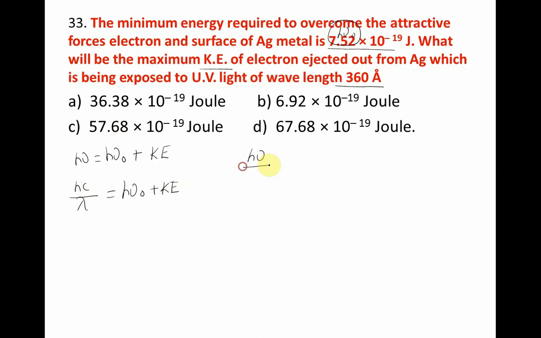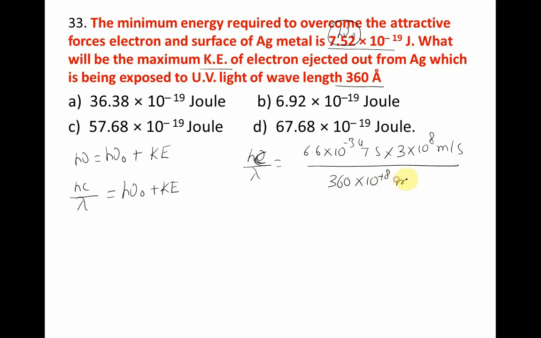We need to find hc by lambda, which is 6.6 into 10 to the power of minus 34 joule second into c, the speed of light, 3 into 10 to the power of 8 meter per second, divided by the wavelength, they gave 360, converted into meter, 360 into 10 to the power of minus 9 meter.